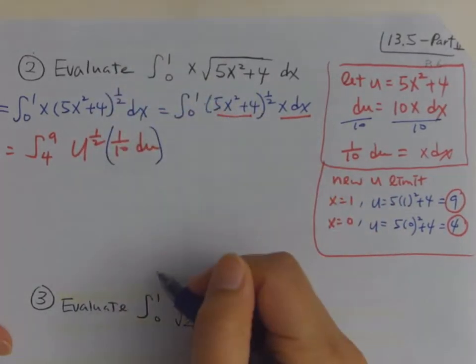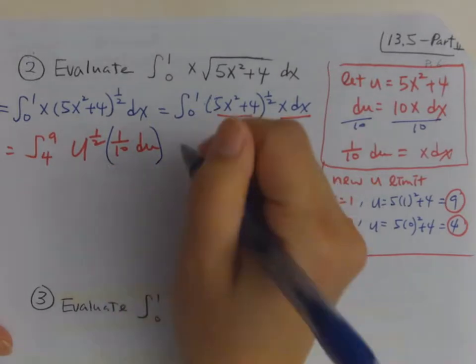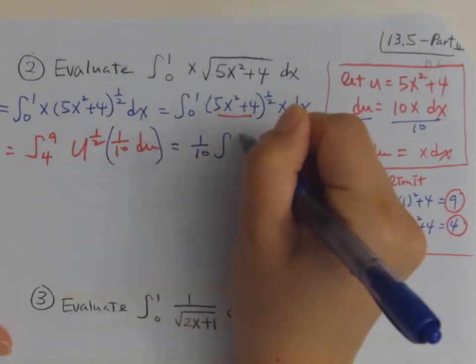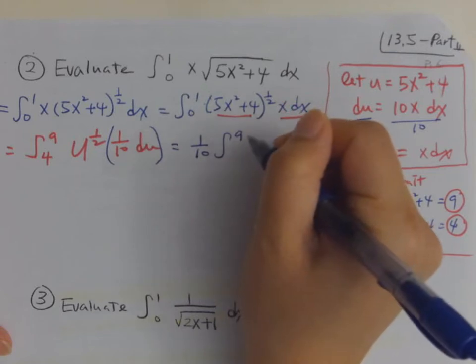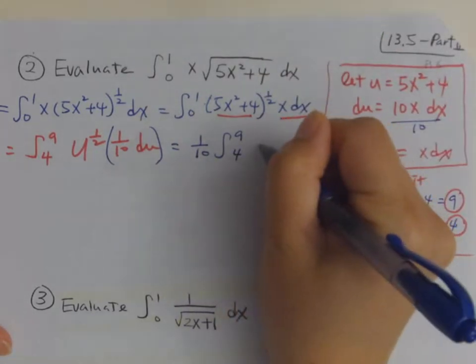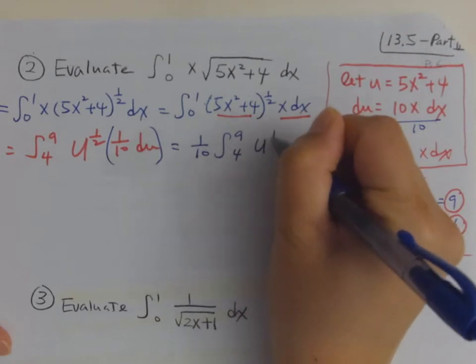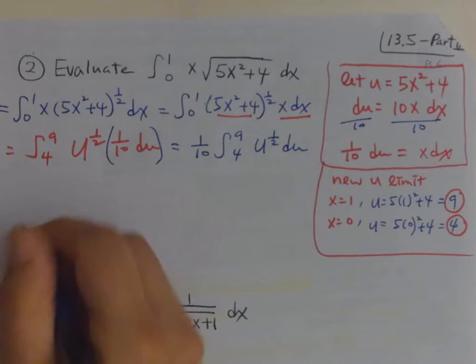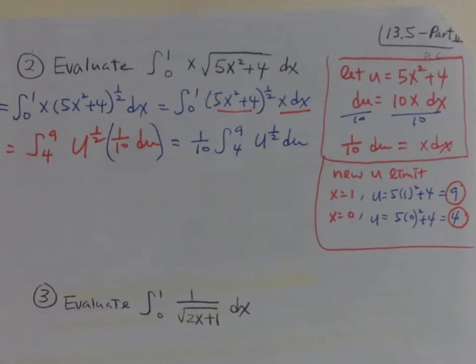Alright, so now first we can pull out the constant, right? So pull out 1/10, and then from 4 to 9, this is u to the 1/2 du, right? Okay, so now we're ready to take the integral. Let's see.